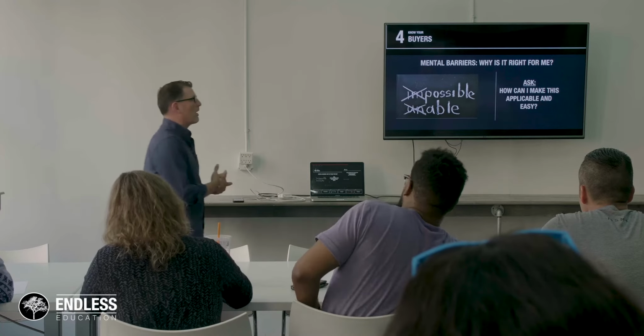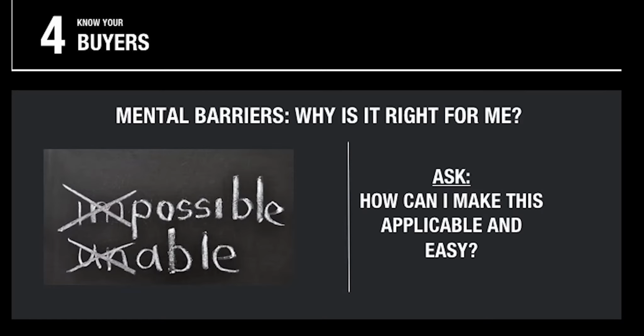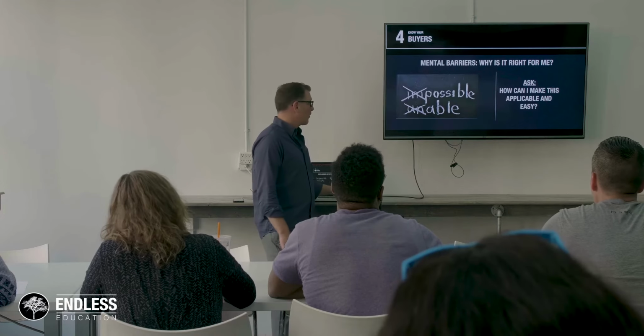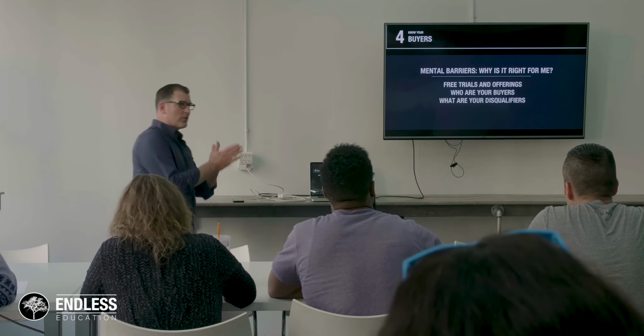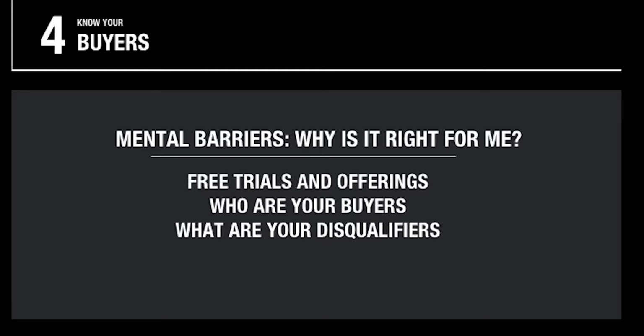Then you got the people with mental barriers who struggle with everything is impossible. I can't get there. I can't do that. And so you have to be asking, how can I make this applicable and easy? For people with mental barriers, they talk about reducing friction in business. That's why Amazon is at the top. One click buy, right?